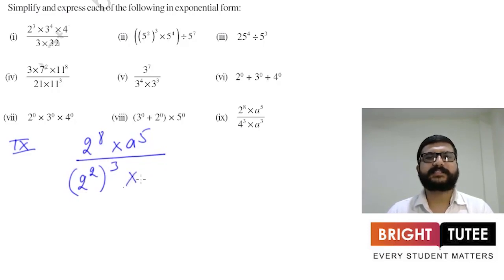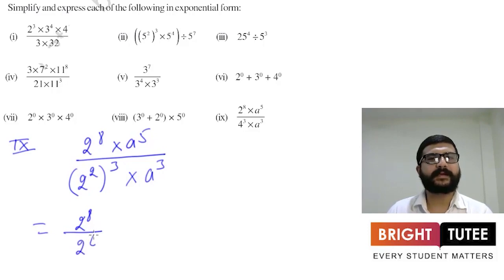Now this is multiplied with a to the power 3. So we can write this as 2 to the power 8 divided by 2 to the power 2 whole to the power 3. This will be 2 to the power 2 into 3, that is 6.